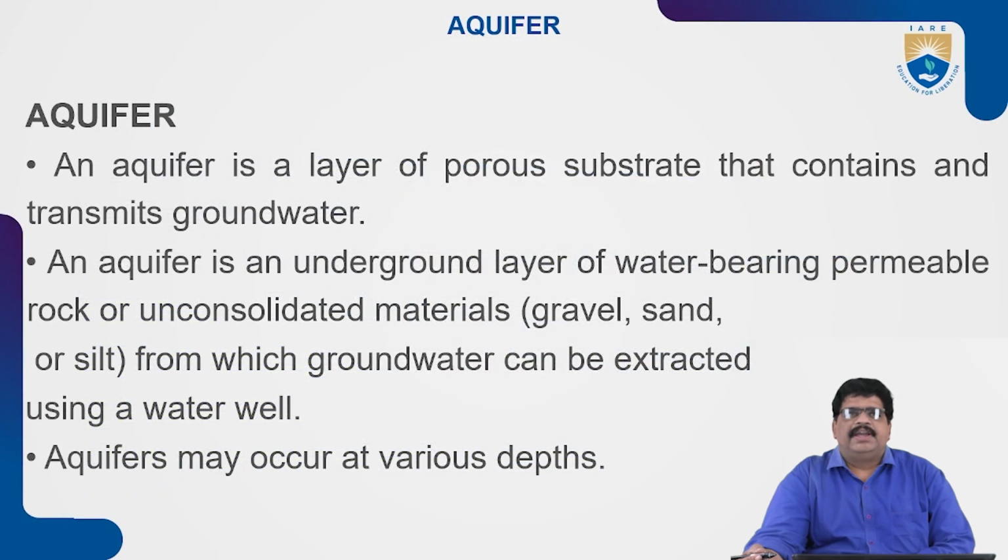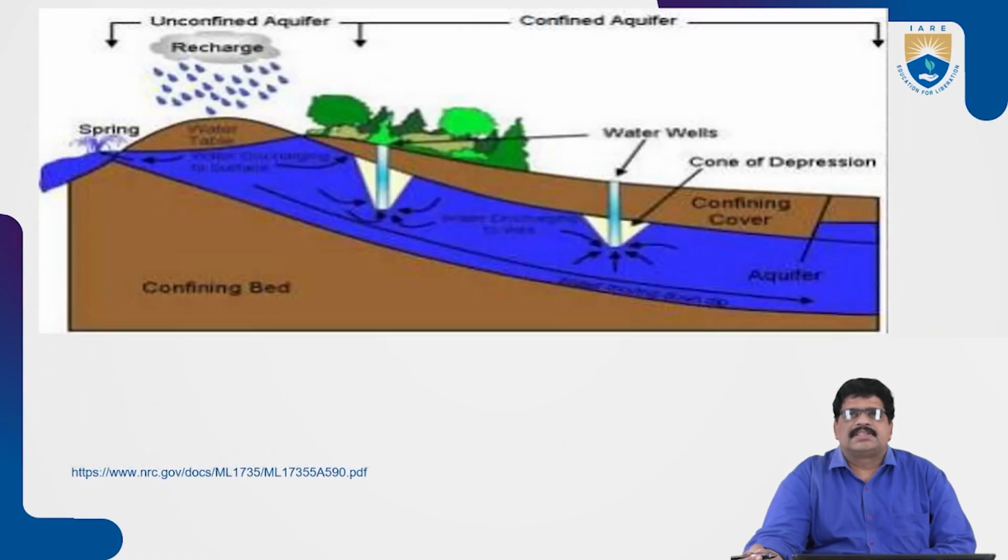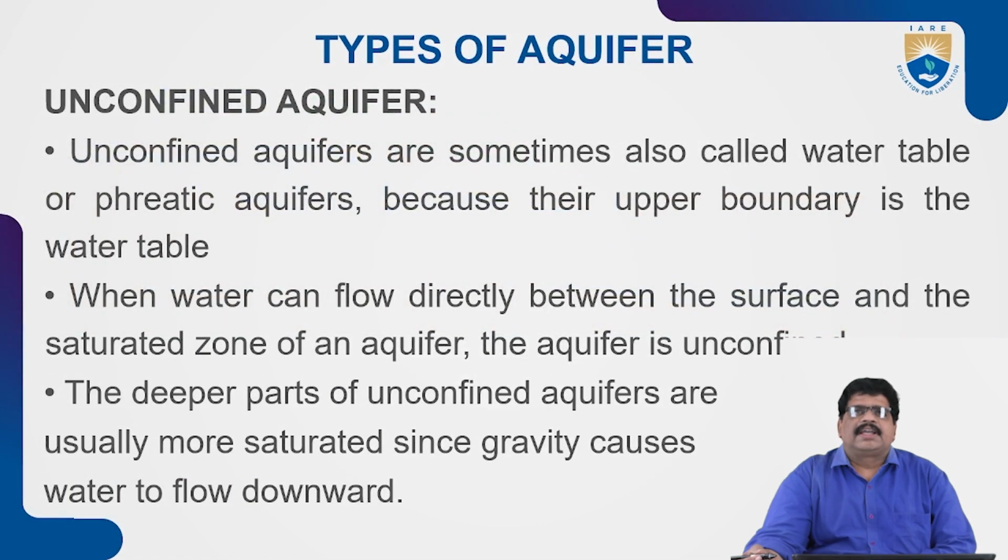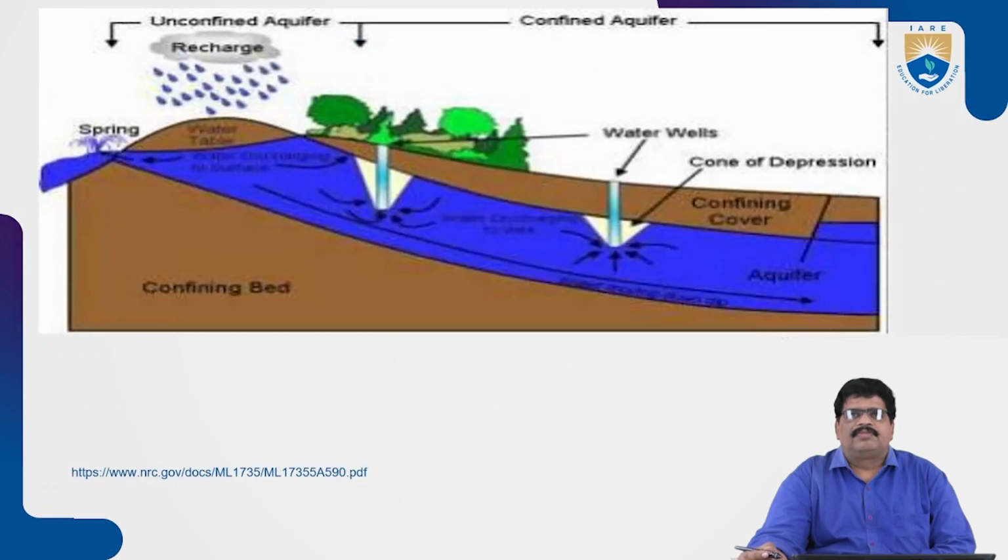Let us see the aquifer as a layer, as discussed, starting with the unconfined aquifer. The unconfined aquifer is sometimes also called the water table aquifer. Its upper boundary is the water table. When the water is directly between the surface and the saturated zone, the aquifer is called an unconfined aquifer.